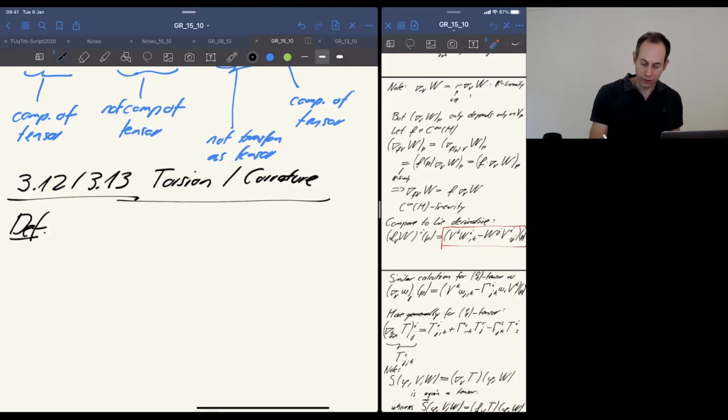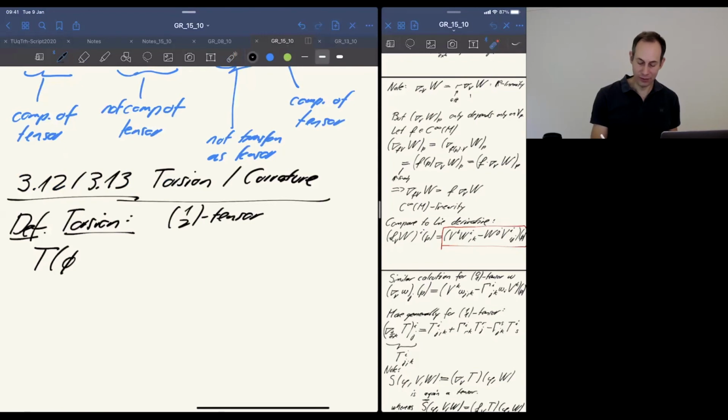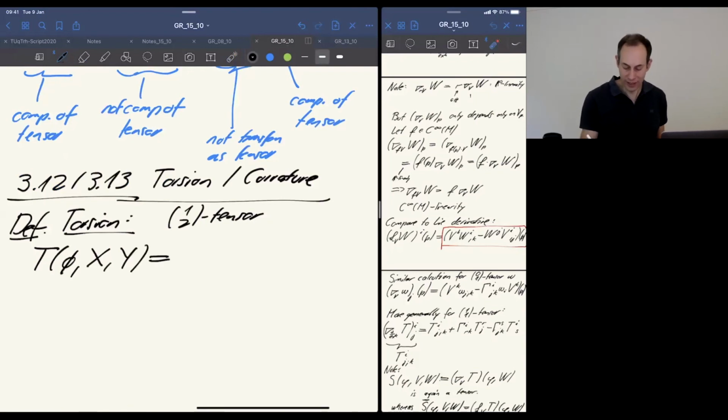The torsion is defined in the following way. So the torsion is a tensor, as I said. These are tensorial objects, and this is now a more complicated tensor. It's actually a 1-2 tensor. And the 1-2 tensor takes, of course, one covector as an argument and two vector fields as arguments.